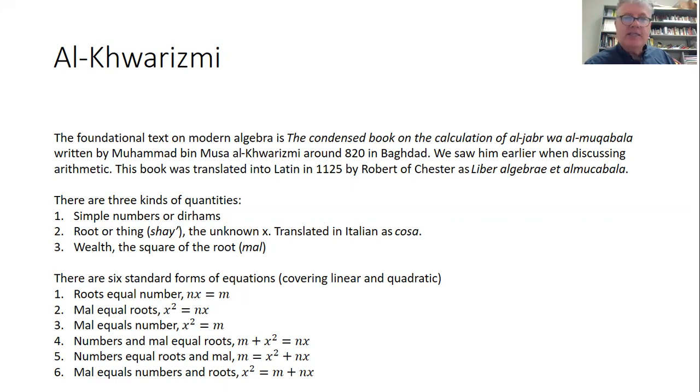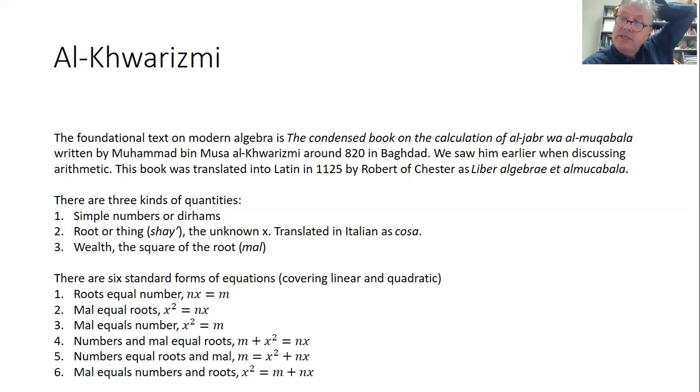So it was translated into Latin in 1125 by Robert of Chester. I think it was in Toledo or Cordoba, somewhere in Spain. And it was translated as Liber, which of course is Latin for book, Liber Algebrae et al-Muqabala.